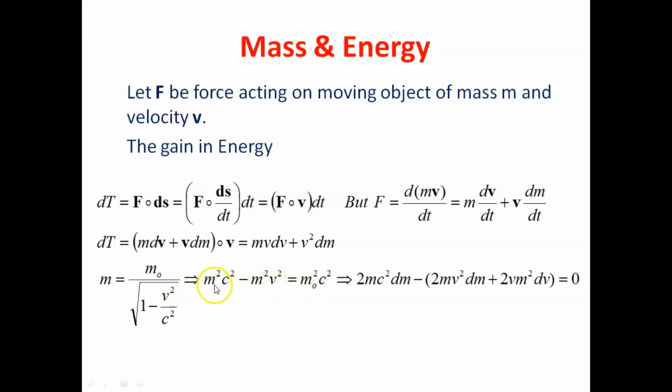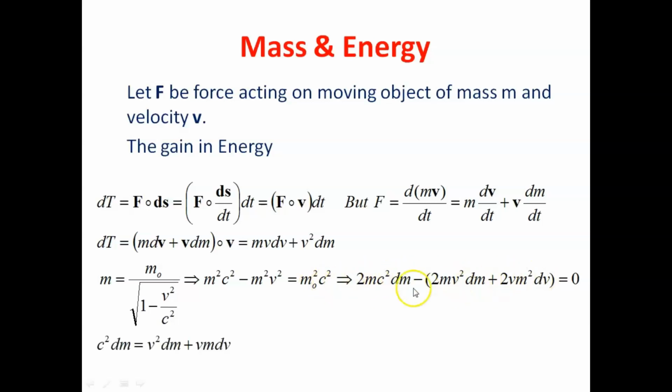Now differentiating this equation, the derivative of m square will be 2m dm. c square is an absolute constant, which is the basic contention that we have started with, minus here we have a product of two functions. The derivative gives 2m dm multiplied by v square plus 2v dv multiplied by m square, and m0 is the proper mass which will not change, it is independent of the motion. So m0 is an absolute constant and c is also an absolute constant.